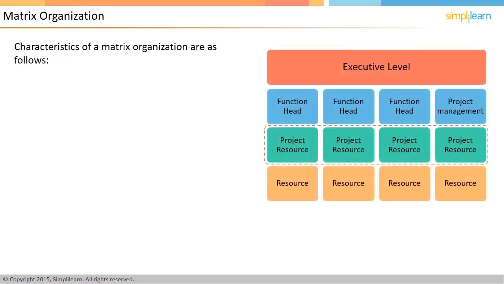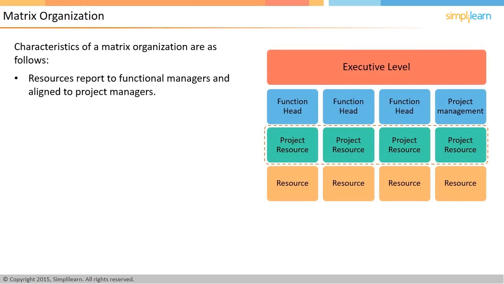In a matrix organization, the resources report to the functional managers and are managed by the project managers as well. There might even be a function that represents all the project managers in the organization, which provides project management expertise. The matrix structure has three variants, commonly referred to as weak, balanced, and strong.